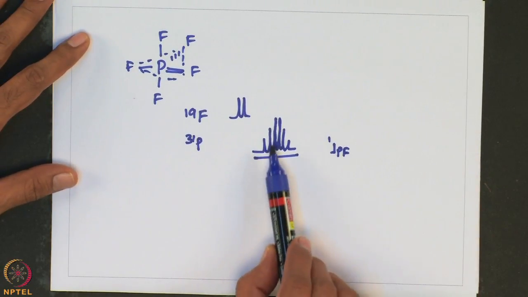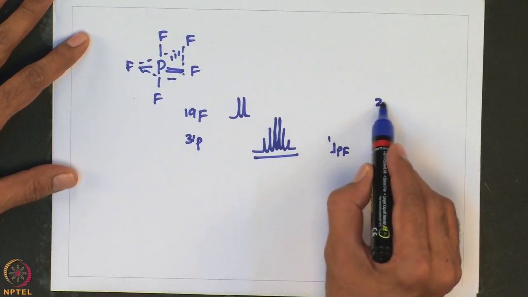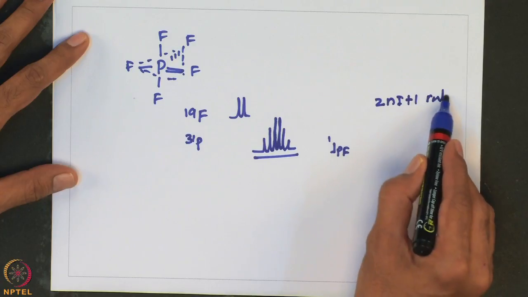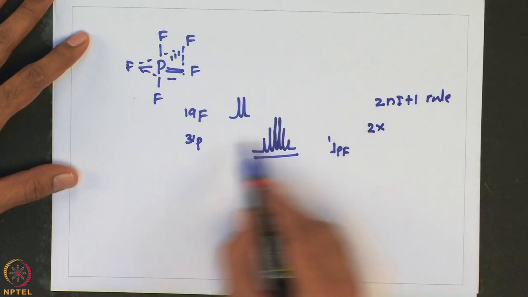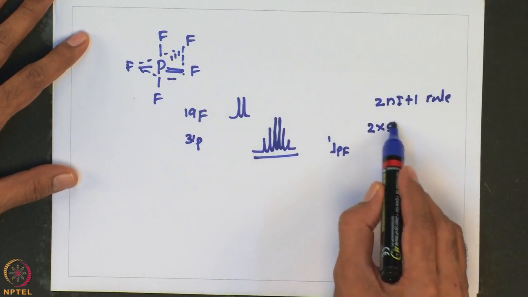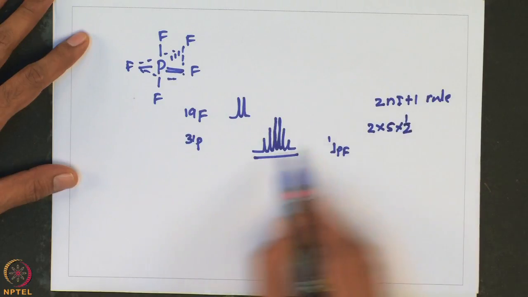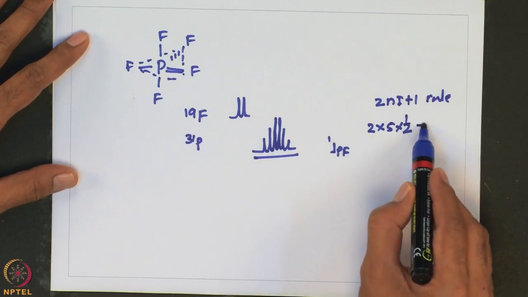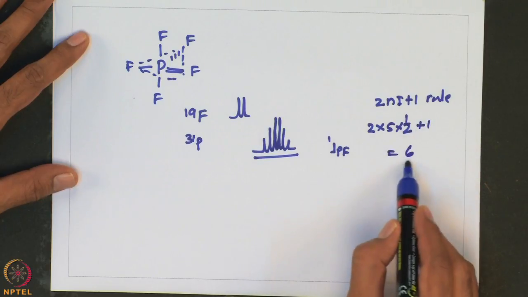And you may be wondering why 6 peaks are there. We will use the 2nI plus 1 rule here, where n is the number of fluorine atoms, 5, and the nuclear spin I equals half, plus 1, this gives 6 lines.